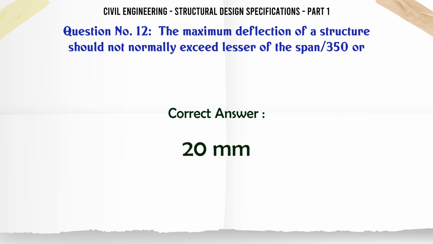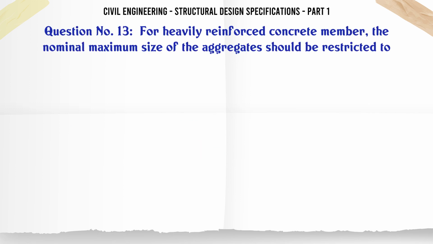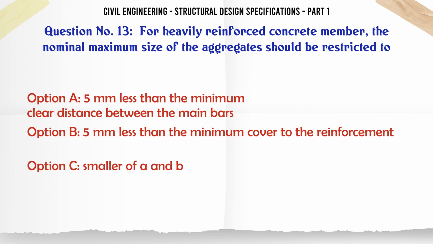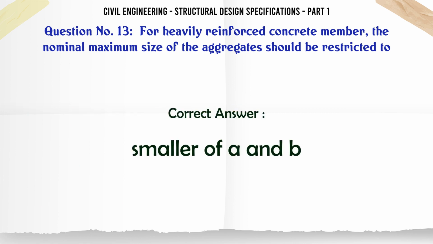For heavily reinforced concrete members, the nominal maximum size of the aggregates should be restricted to: A. 5 mm less than the minimum clear distance between the main bars, B. 5 mm less than the minimum cover to the reinforcement, C. smaller of A and B, D. greater of A and B. The correct answer is smaller of A and B.